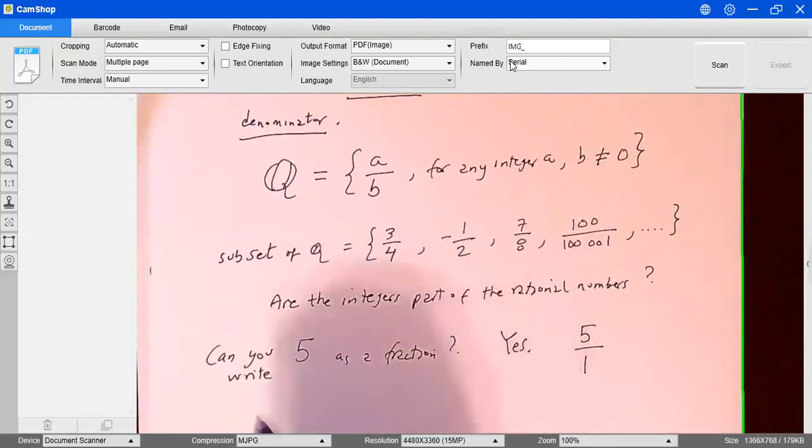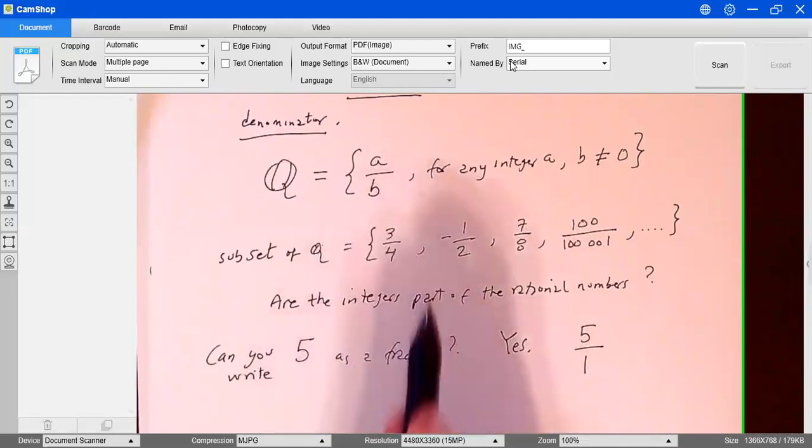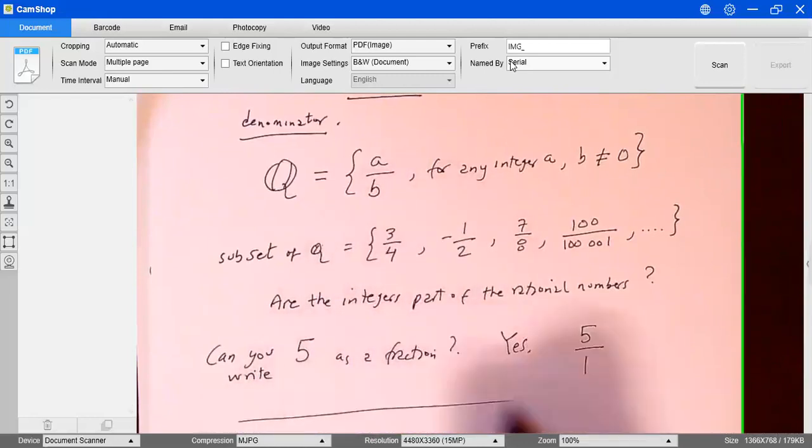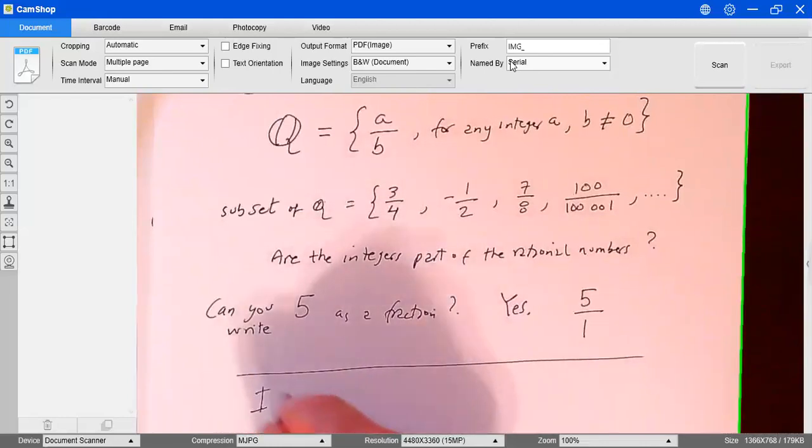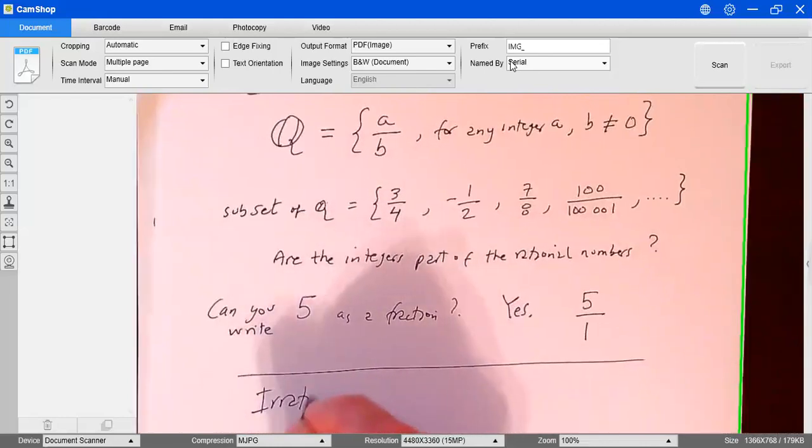And we have numbers that you cannot write as a fraction. So that's another set. That set is the set of irrational numbers.